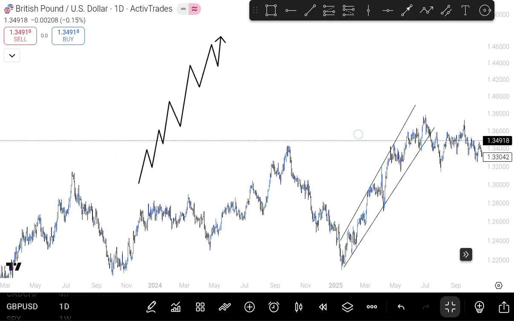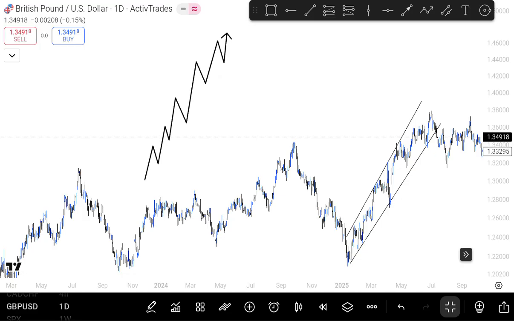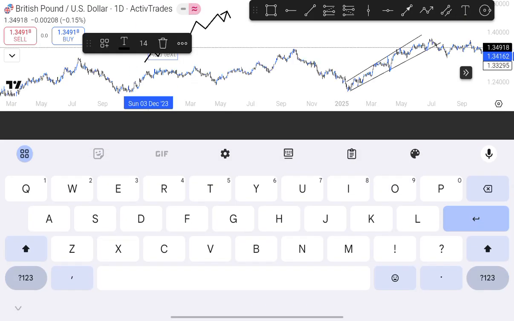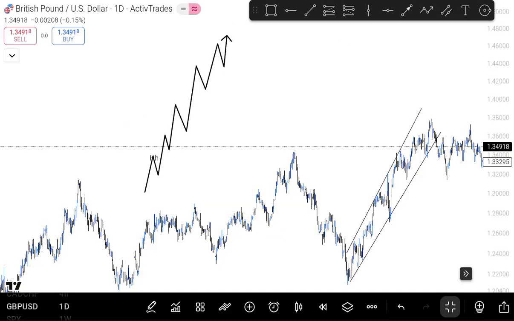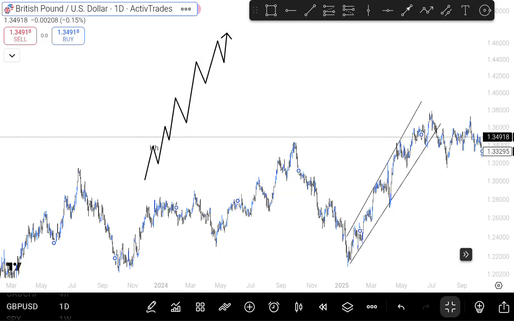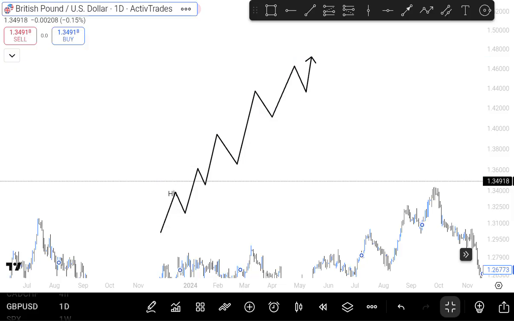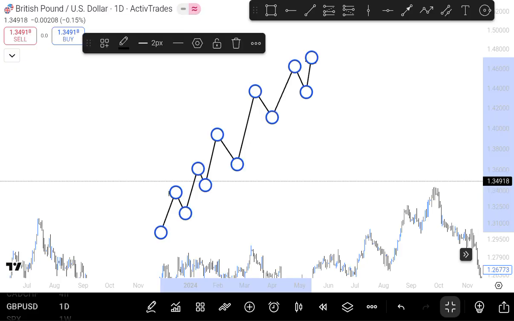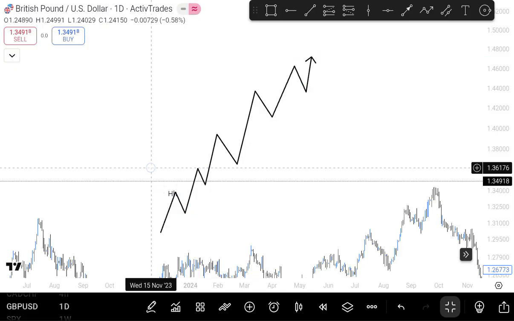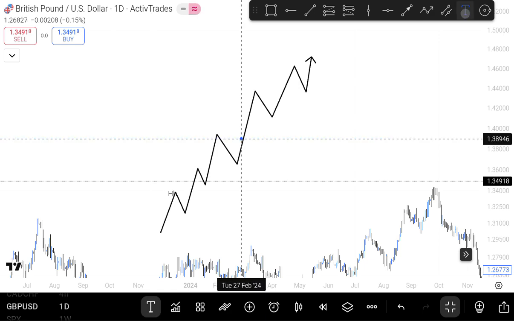You can see this is our higher high. This is our higher low.